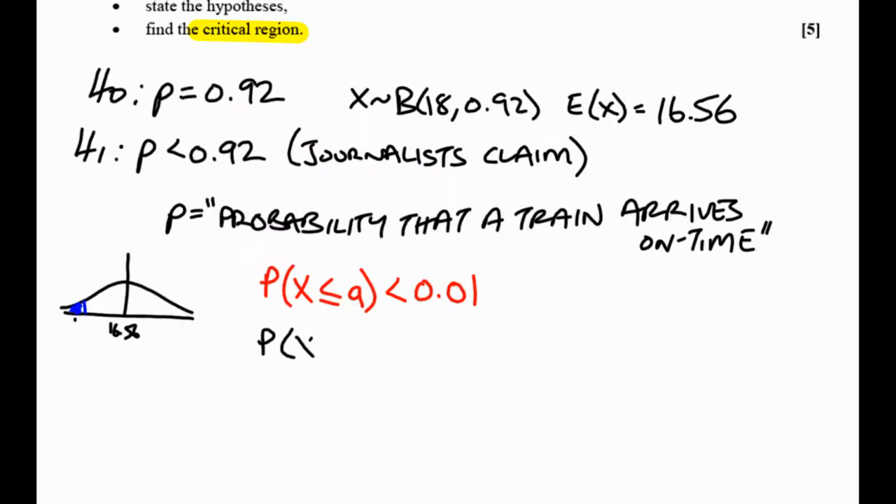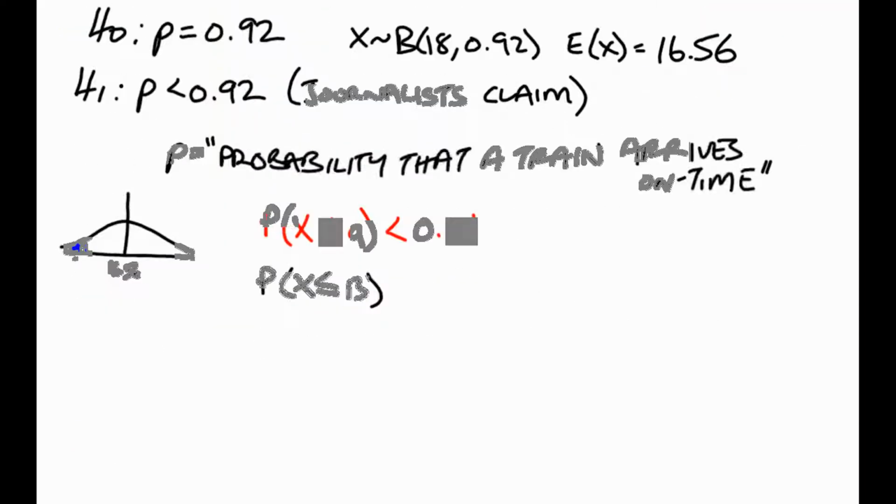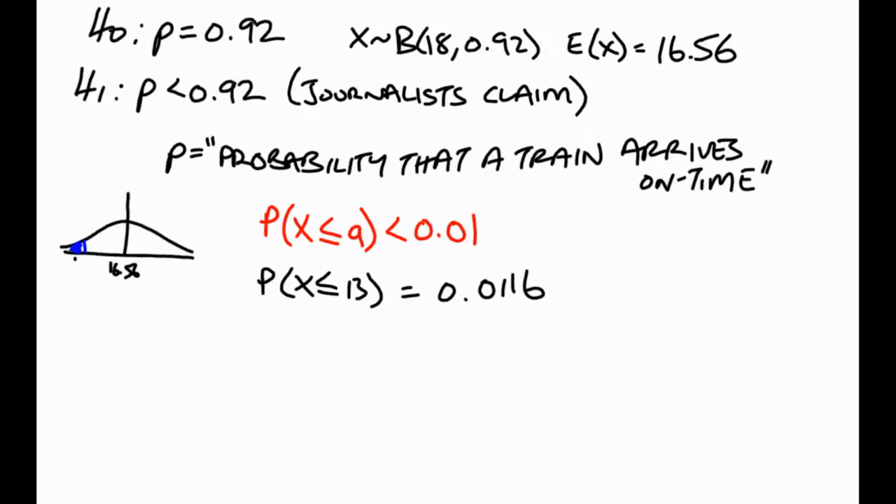And the probability that X is less than or equal to 13 equals 0.0116 to 4 decimal places. This doesn't fit the criteria I was looking for. I needed it to be smaller than 1%. It's very close. So I'm quite confident that if we check 12, we'll be even closer or we'll have what we're looking for.